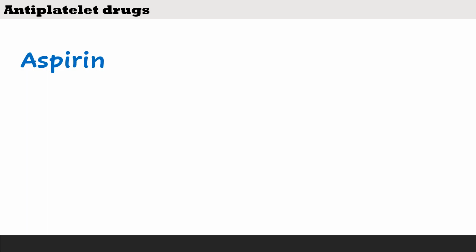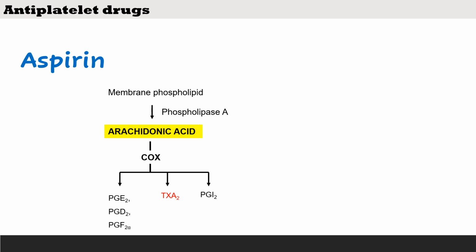Okay, first we'll look at aspirin. Before we see how aspirin works, we have to understand what it acts on. Cell membranes are made of phospholipids, and when phospholipase A acts on them, it forms arachidonic acid, which is the precursor that the COX enzyme, or cyclooxygenase, acts on to form prostaglandins and thromboxane.